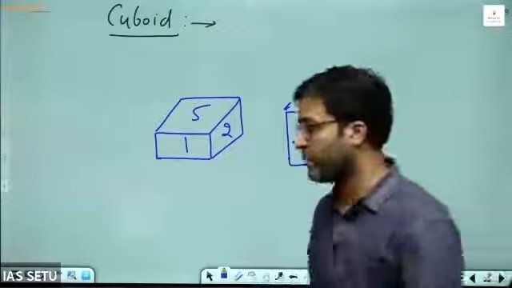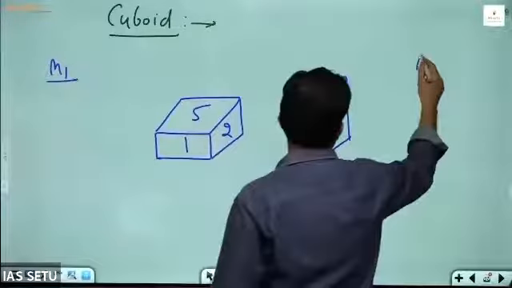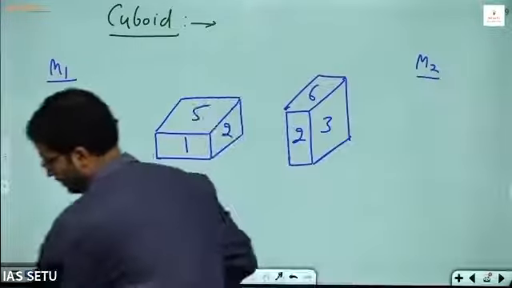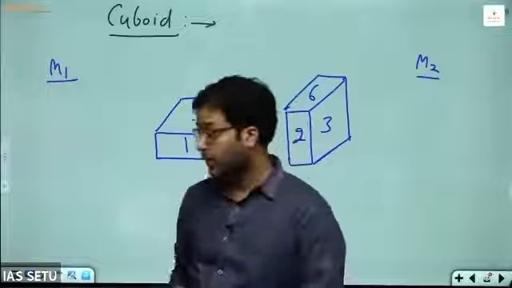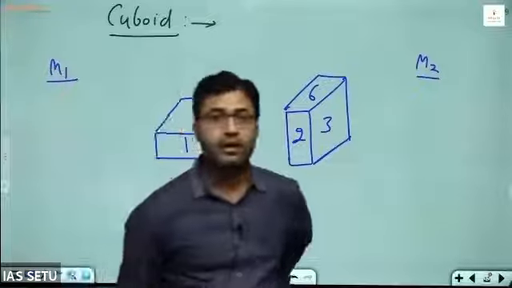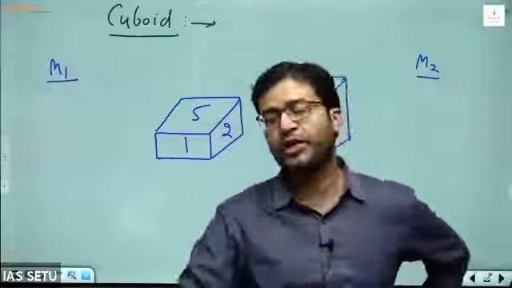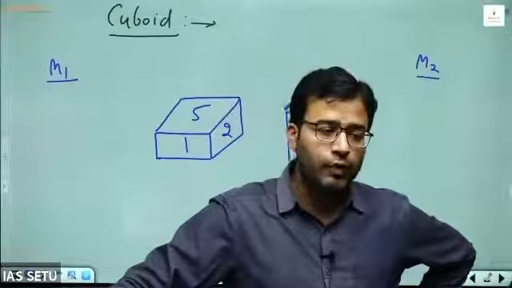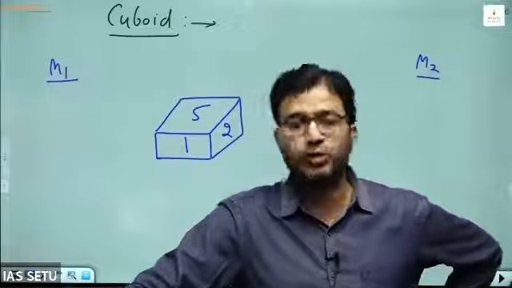Now I give you 2 methods. Method 1 and method 2. Method 1 is not really a method, it is a jugaad thing. In a cuboid, it is applicable. If you observe any cuboid, like your room, which is not a cube shape, it is a cuboid shape.